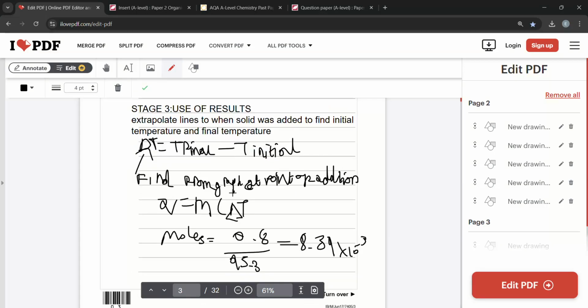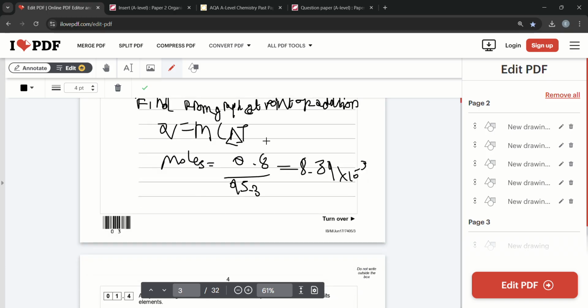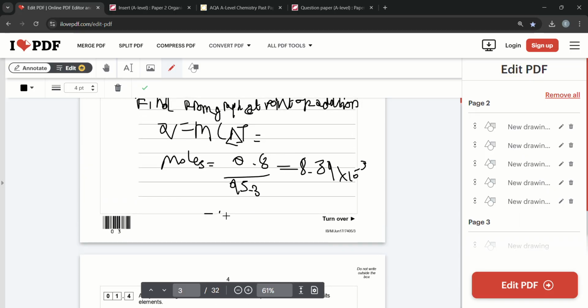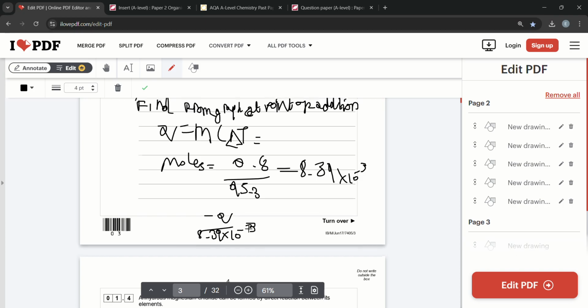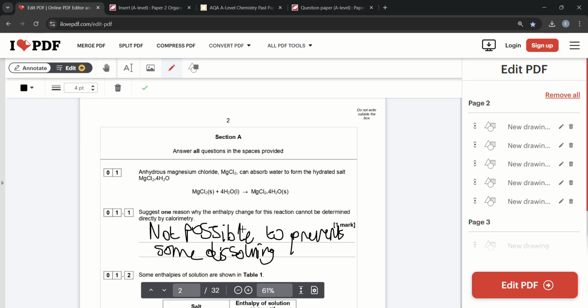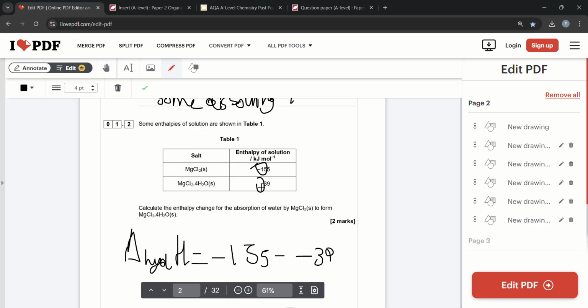So the enthalpy of solution is going to be Q divided by number of moles, and Q is mc delta T. So it's going to be minus Q divided by 8.39 times 10 to the power minus 3. And the reason it's minus is because we know these ones are negative. Temperature increases.